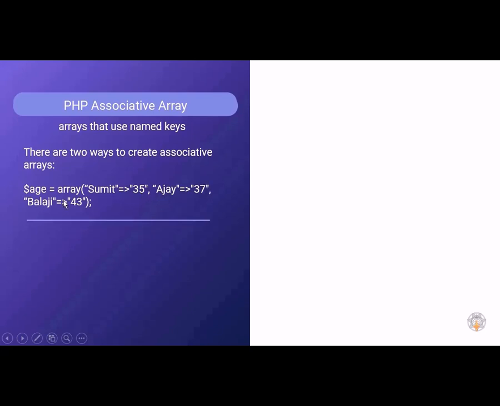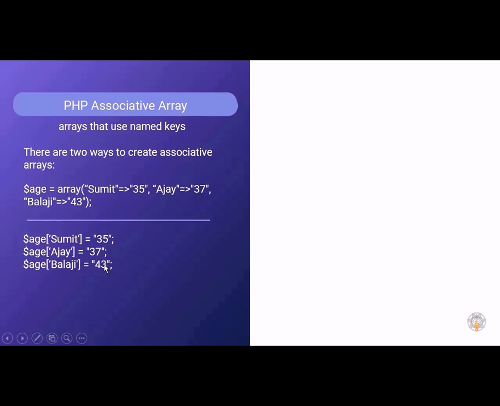Balaji is the key and 43 is the value. This is the first method, and this is the second method. In the last indexed array we saw 0, 1, 2. Now instead of an index we are using Sumit, Ajay and Balaji. These are the keys, and 35, 37, 43 are the values respectively.